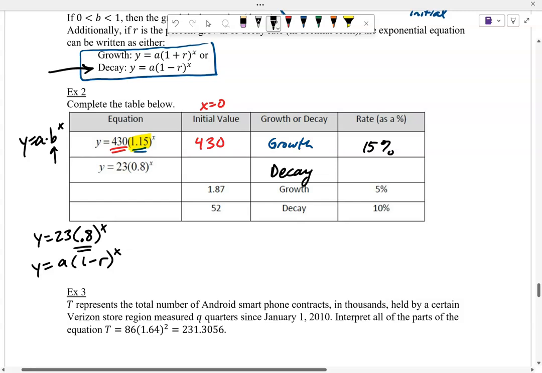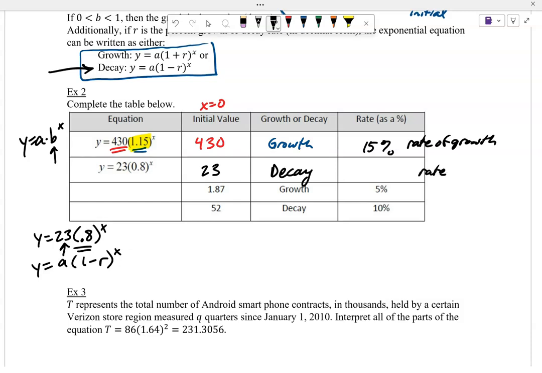So my initial value will be that 23. If I let x be 0, it'll spit out 23 for me. But what's it decreasing by? What's my rate of decay? Because the last one was a rate of growth, and the one we're doing now will be a rate of decay.